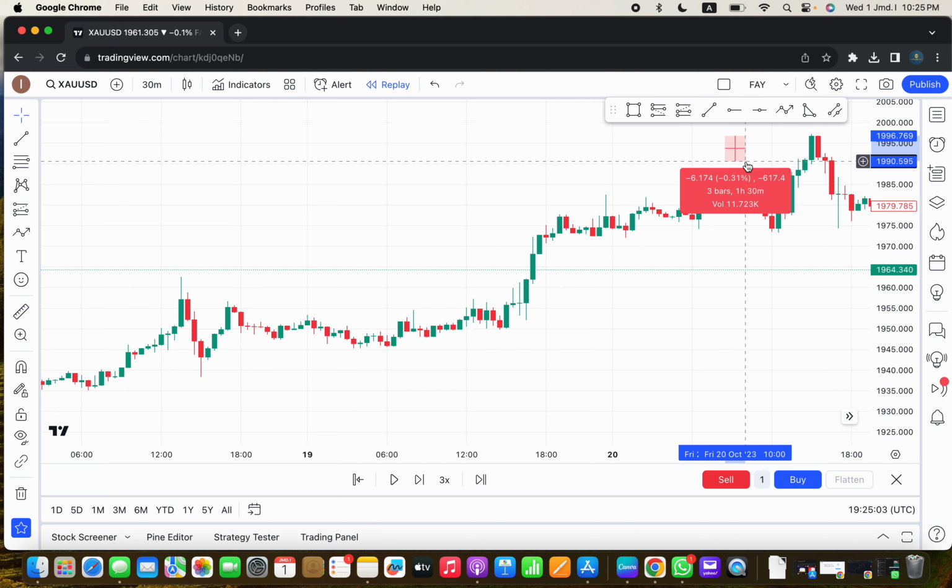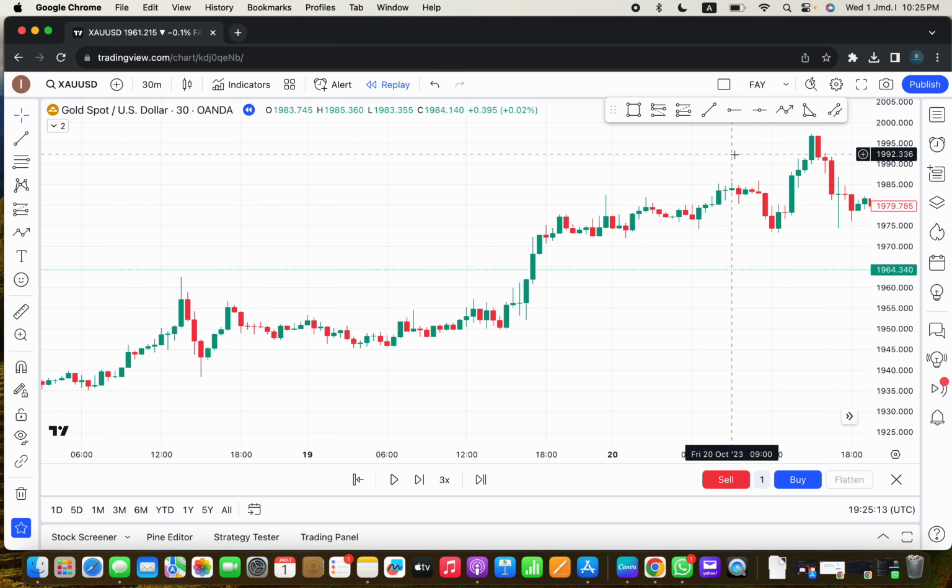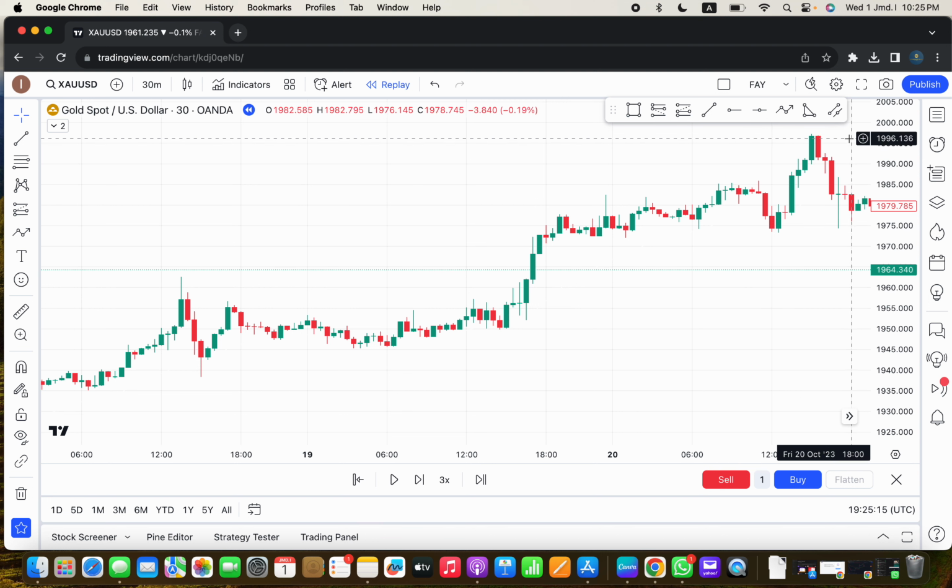This gives 6.174. So 6.174, what I'm saying is that the next candle that formed after that, you will have a similar distance.